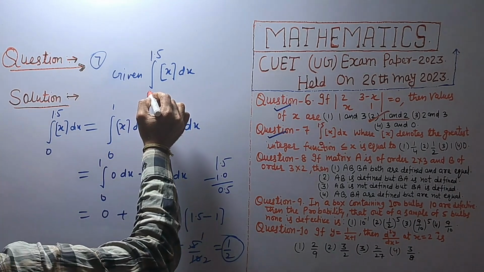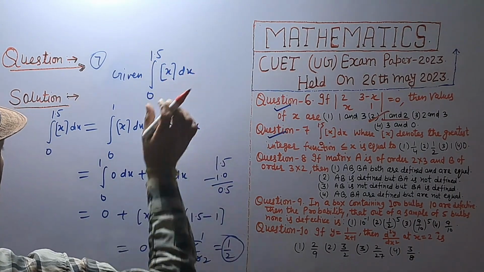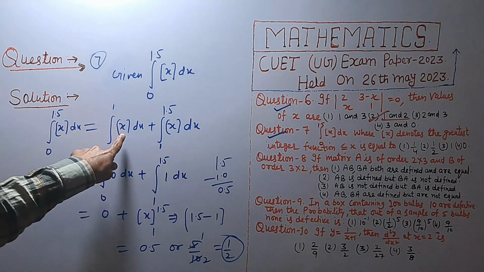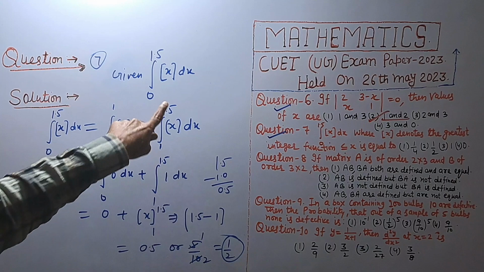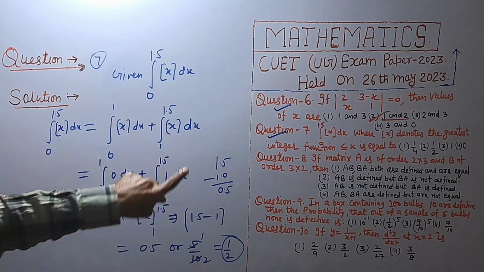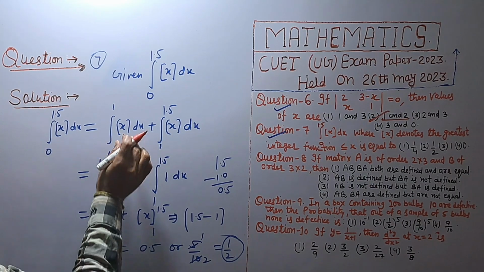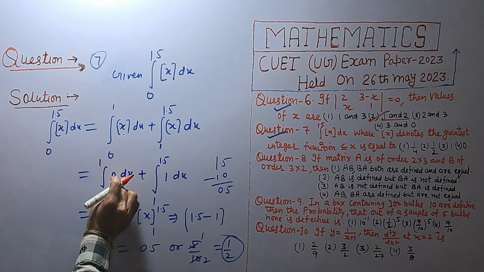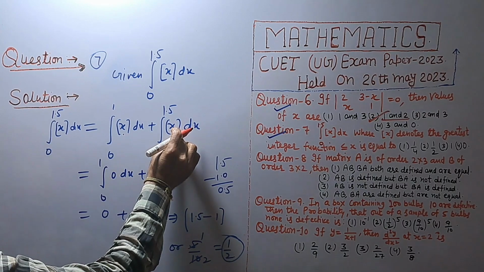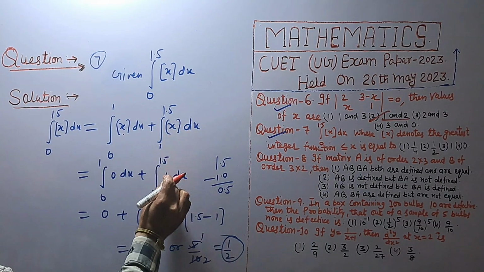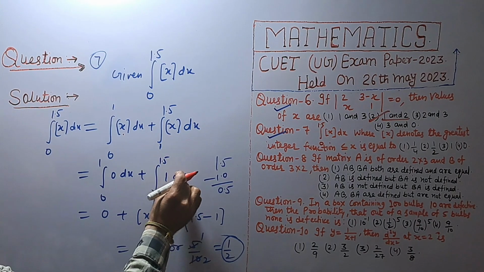Given the integral from 0 to 1.5 of greatest integer x dx, we can write it as the integral from 0 to 1 of [x] dx plus the integral from 1 to 1.5 of [x] dx. For x between 0 and 1, the greatest integer is 0, so 0 dx, and for x between 1 and 1.5, the greatest integer is 1, so 1 dx.